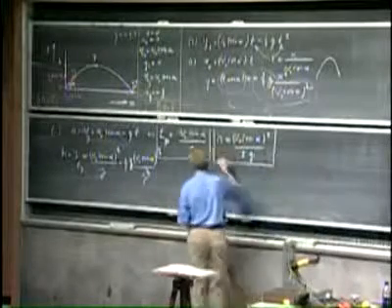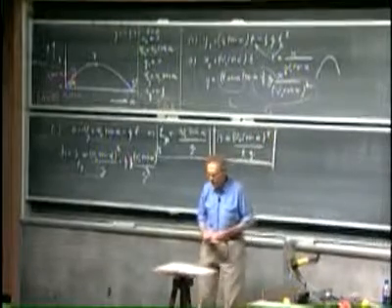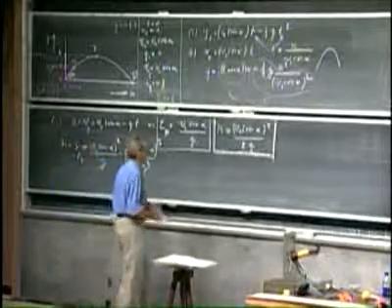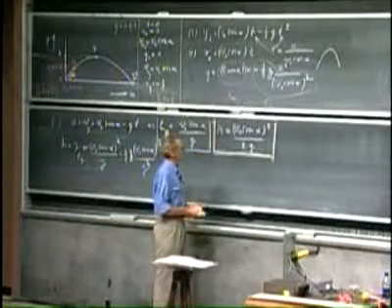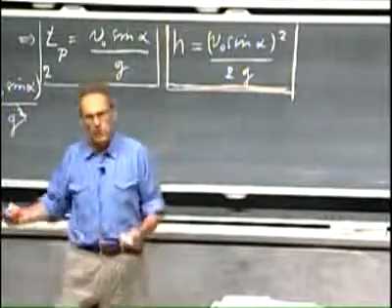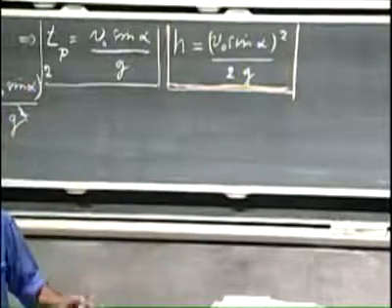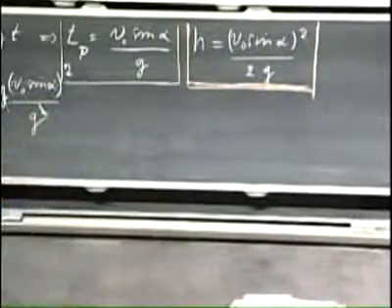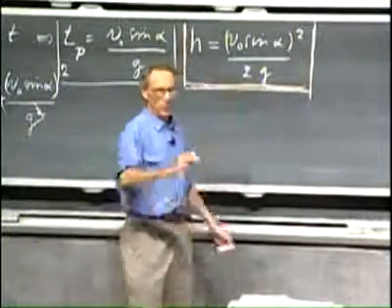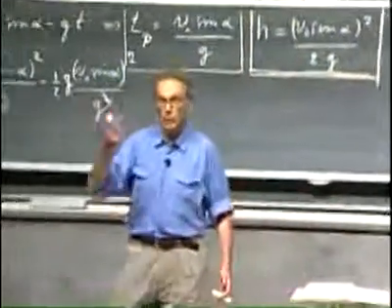Let's give that some color because we may want to keep that. Is it reasonable that that highest point in the sky gets higher when v0 is higher? Of course. If I shoot it up at a higher speed, of course it will get higher. So it's completely intuitive that v0 is upstairs. If I increase the angle from a small angle to larger and larger, is it reasonable that it will get higher?